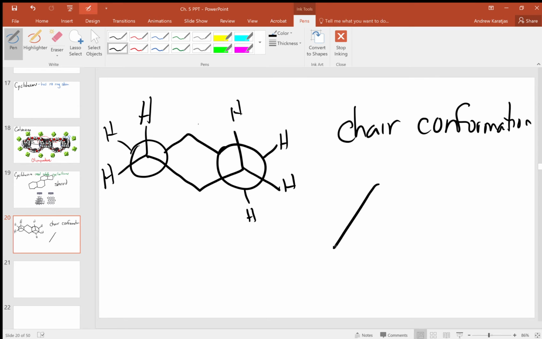And we represent it in 2 dimensions by the following drawing. So we have our 6 carbons of the ring. And if you look at your model, you should have 6 of your hydrogens, the ones that I'm drawing in green, that are pointing either straight up or straight down.